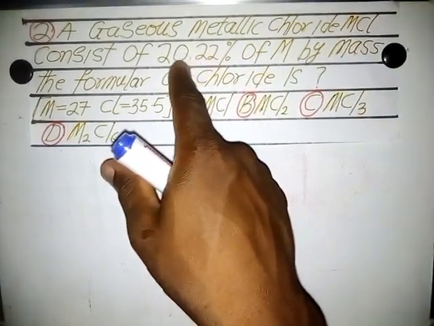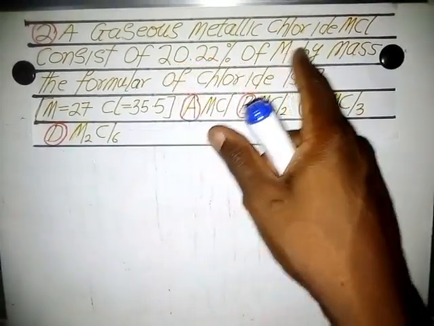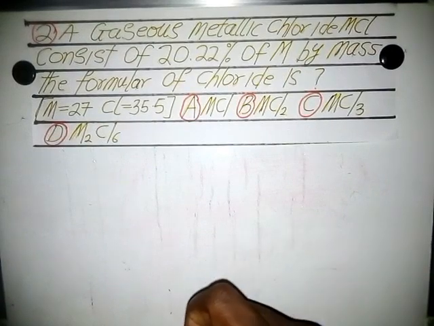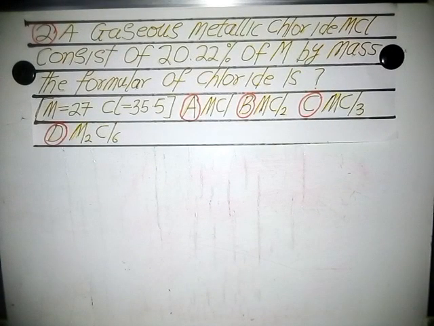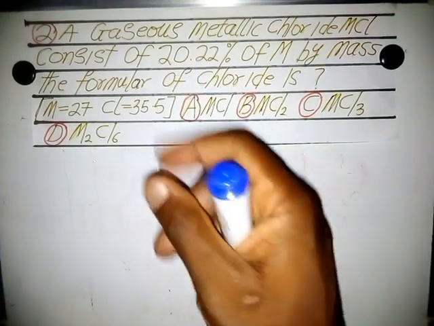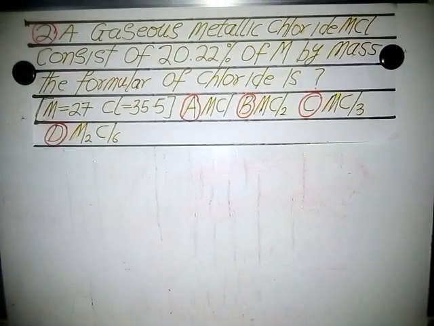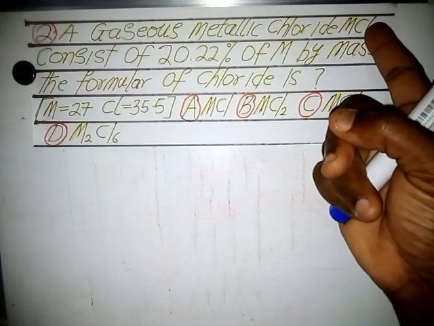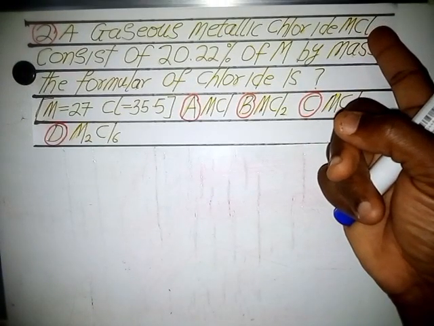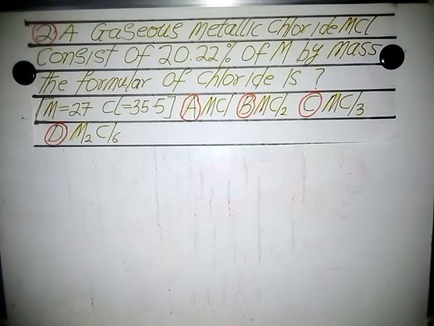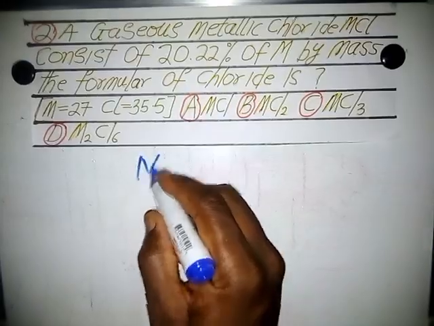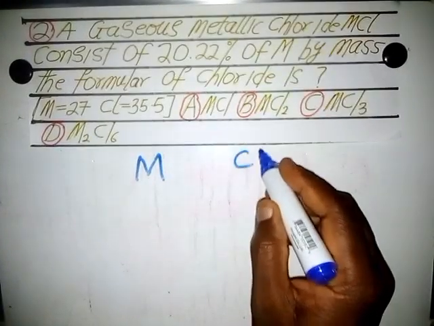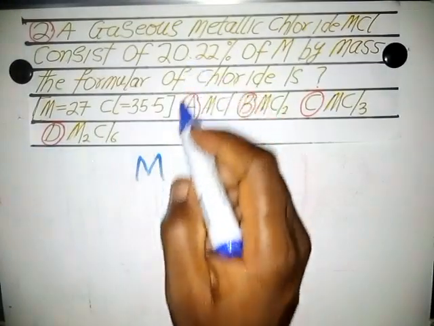If you are given 20.22% of M, that means the total percentage is 100%. So you have to remove this 20.2% from 100. That will be the percentage for Cl. So that's the first thing you have to do. This is between M and Cl.